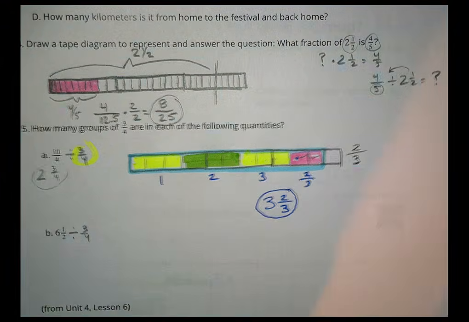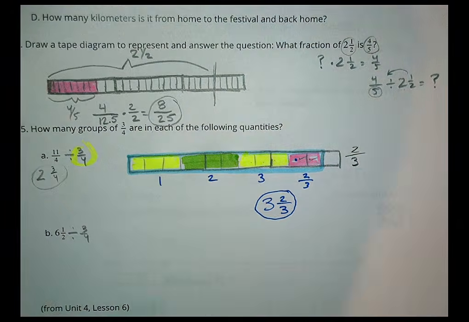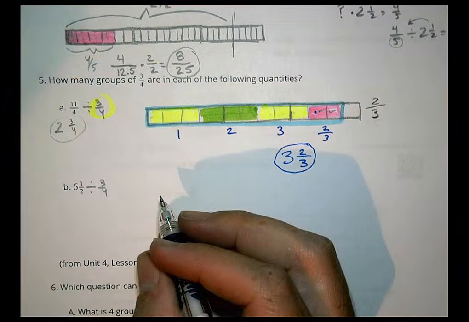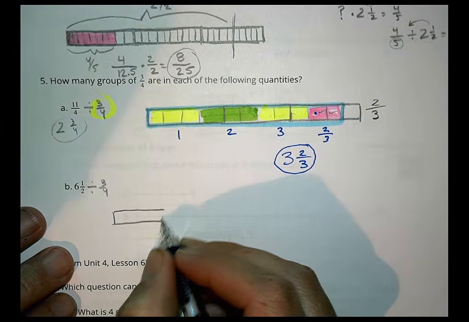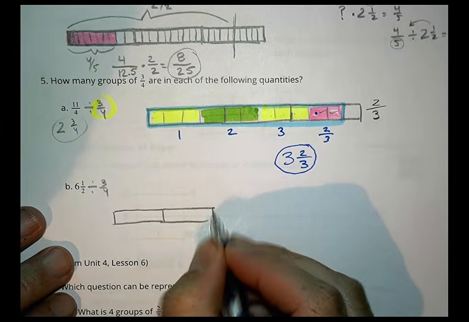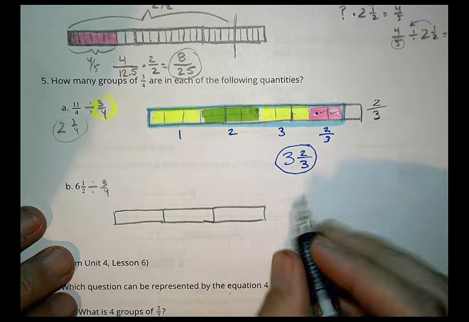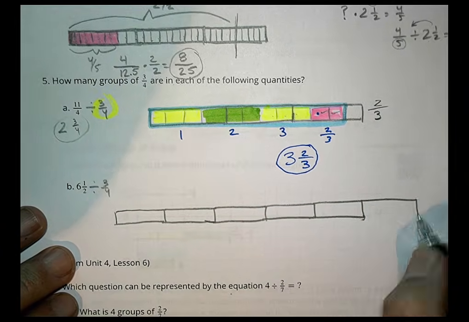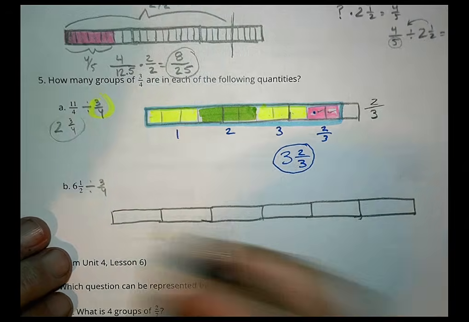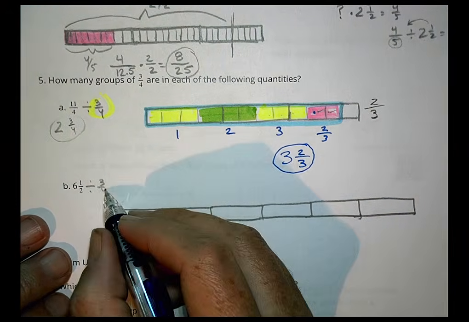And our next one, we have 6.5 divided by 3/4. So again, we're going to make 6 little blocks here. So there's 1, 2, 3, 4, 5, and 6. I'm going to put them into fourths because we have to break them into fourths.